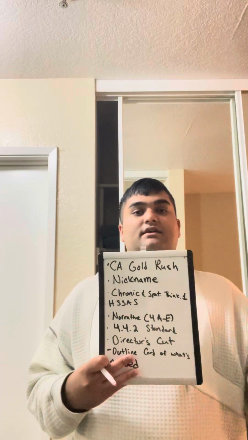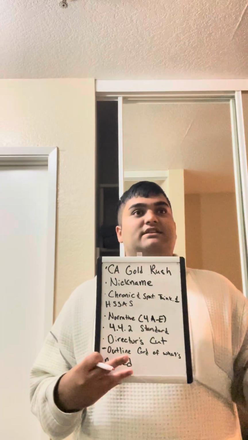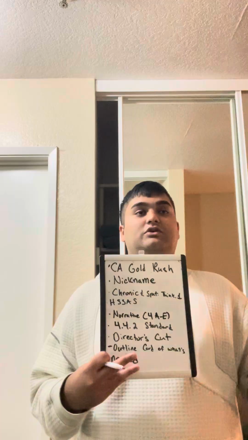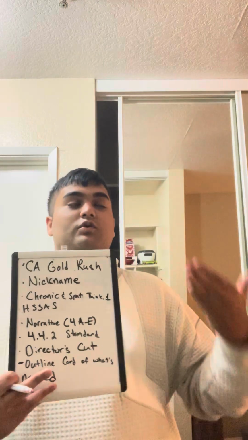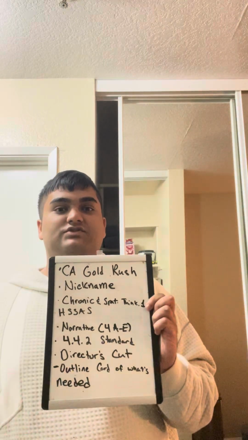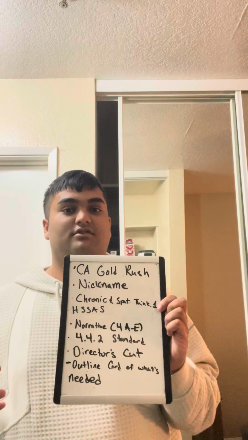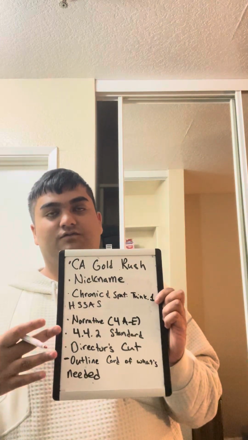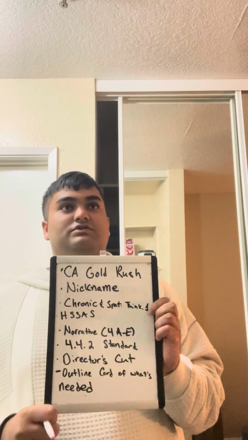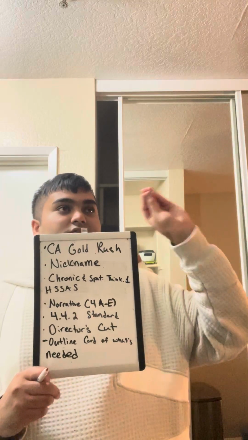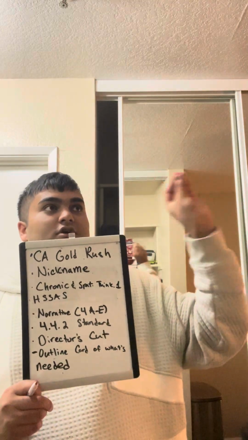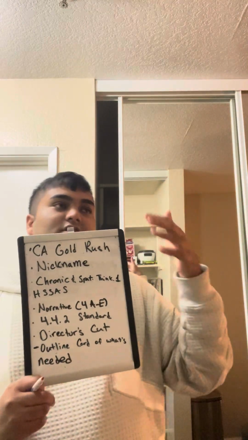How do we get the nickname, the Golden State, which reflects the content standard 4.4.2, which also touches mostly on the political and economical stuff that relates to the gold rush.